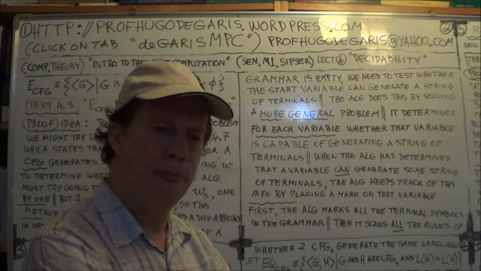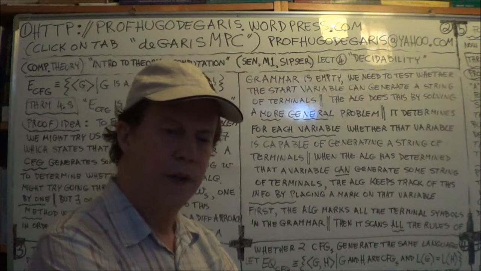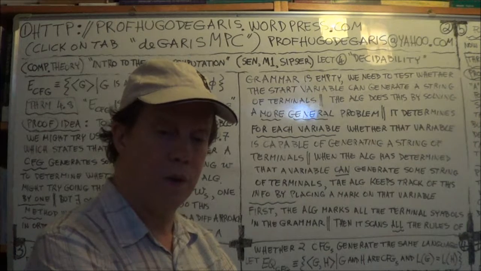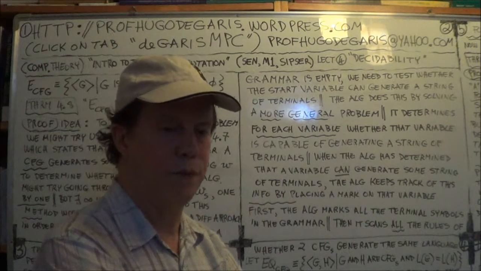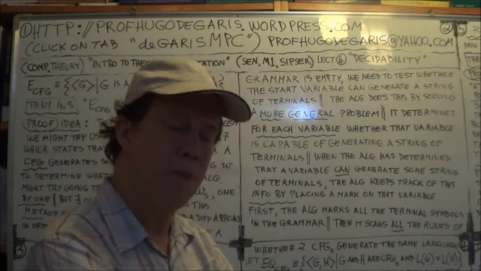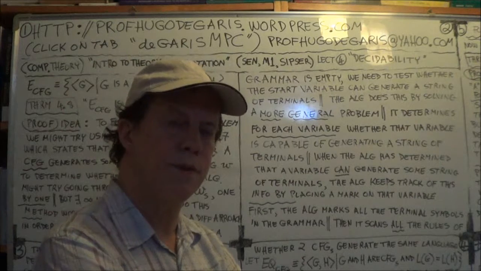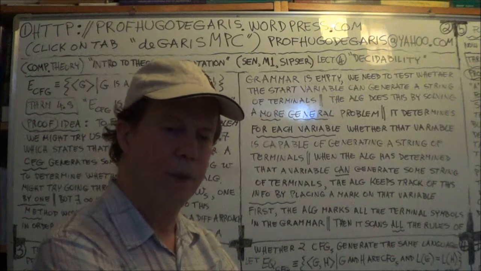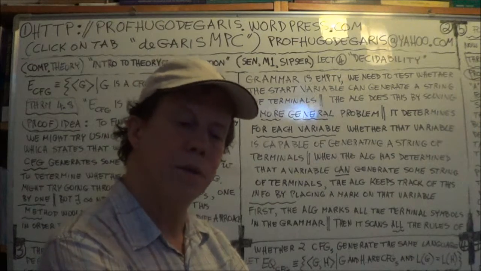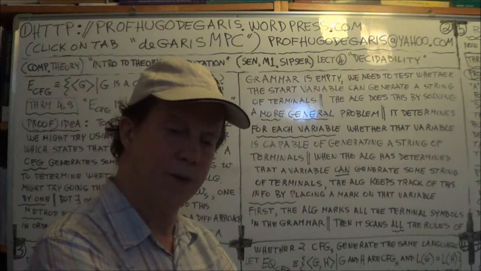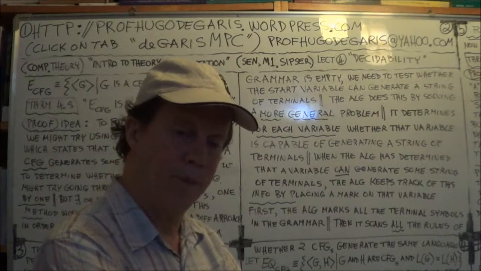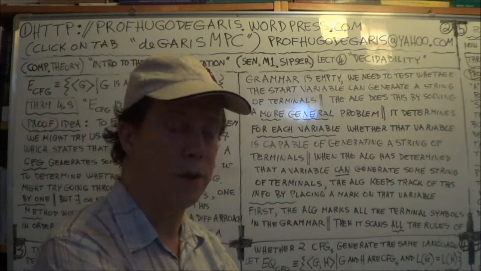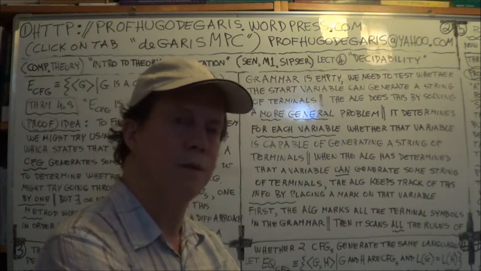go through all your rules systematically, and see if you have some variables where all the symbols on the right hand side of a rule with that variable on the left hand side, see if they're all dotted, all the symbols on the right hand side of the rule, and if they're all dotted, and we're starting with just terminals dotted, so if the right hand side is just a sequence of one or more terminals, which are now dotted, then the left hand side symbol, has to be a symbol, would become dotted.